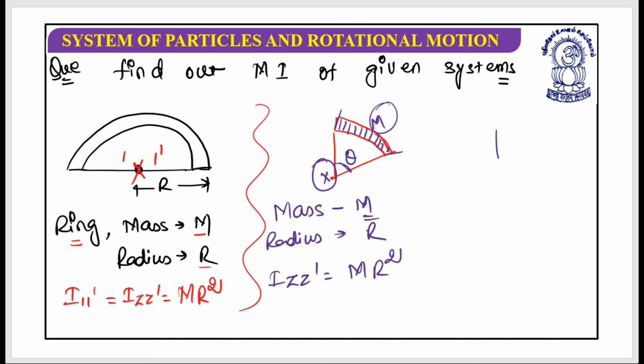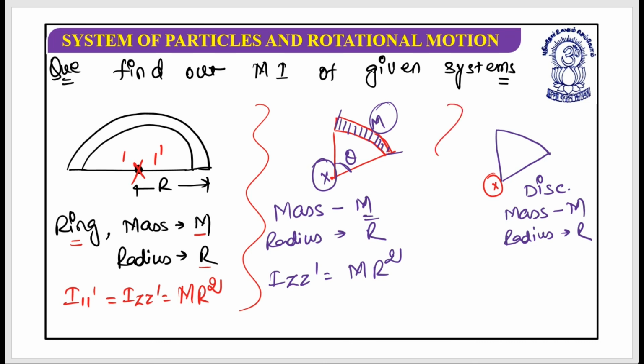Let's suppose they say this is a disk having mass m and radius r, and they want the moment of inertia passing through this, that izz dash would be equal to mr square by 2.